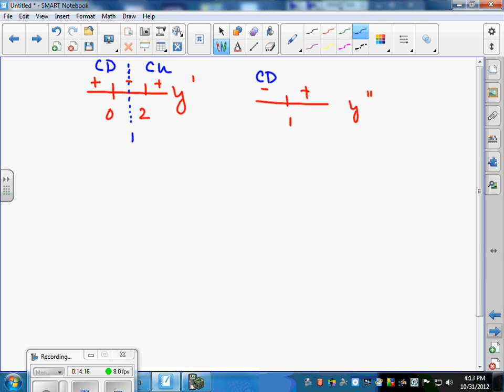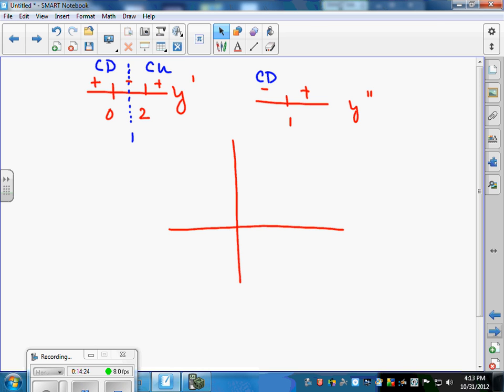Now I'm going to sketch this, and again, I'm just going to do a rough sketch. You're going to want to start using graph paper for some of these. First thing you want to do is plot your maxes and mins and your points of inflection. We had a local max at 0, 0, and a local min at 2, negative 16. Let's do this down just a little more.